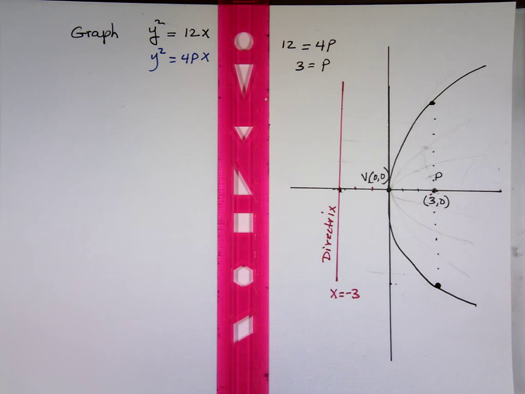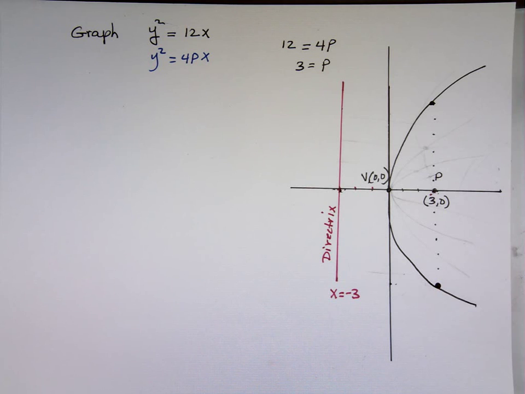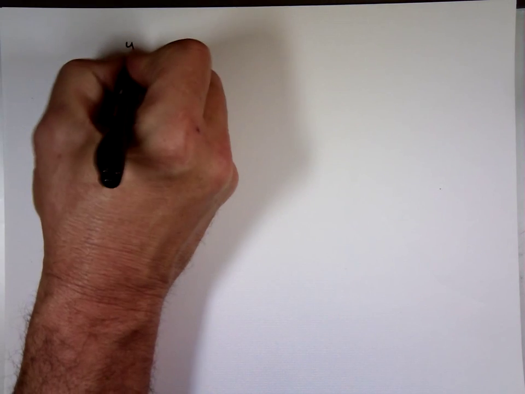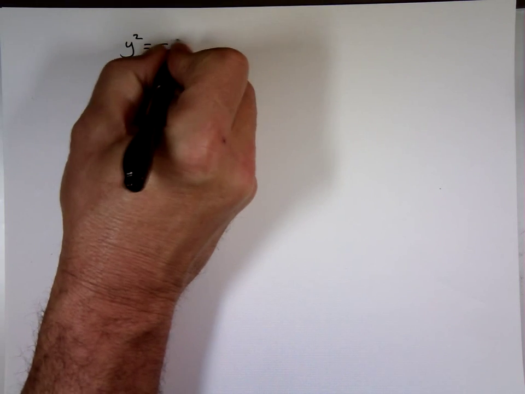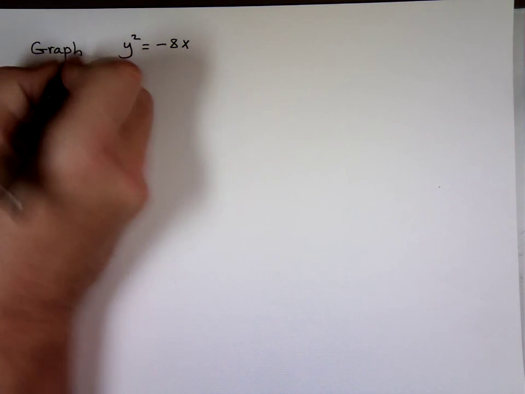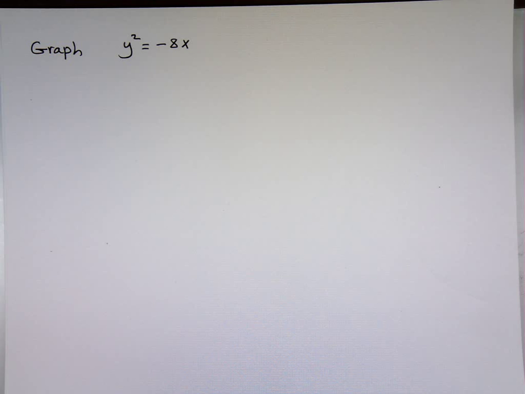Let me try another one. Y squared equals negative 8x. Again, only y is the square, and when y is the square, that's left or right.